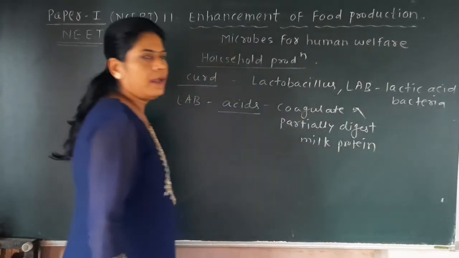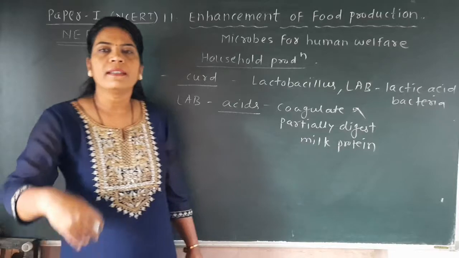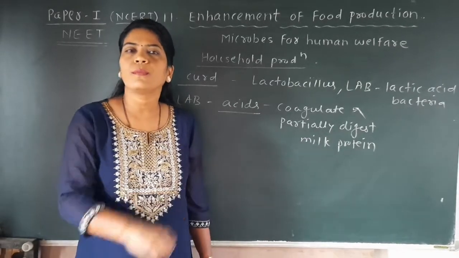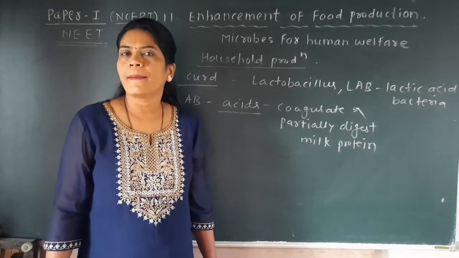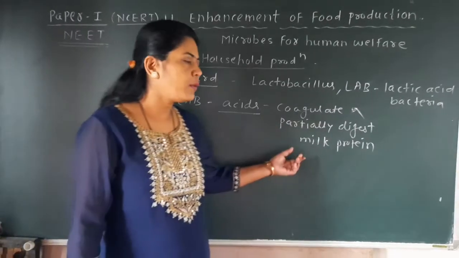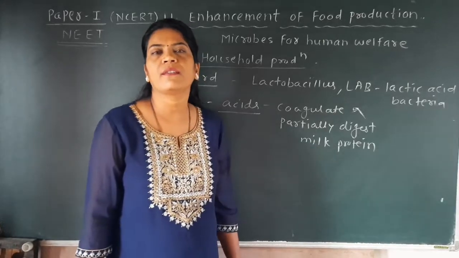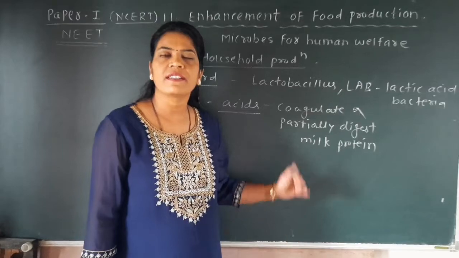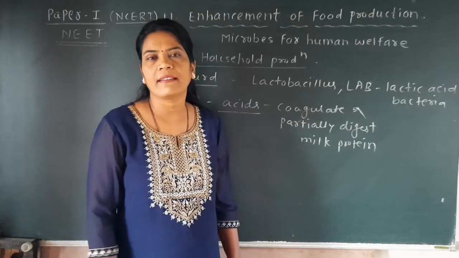That's why milk gets converted into curd because of the role of LAB, which produces lactic acid. The protein present in milk is called casein, and it is partially digested with the help of lactic acid bacteria.